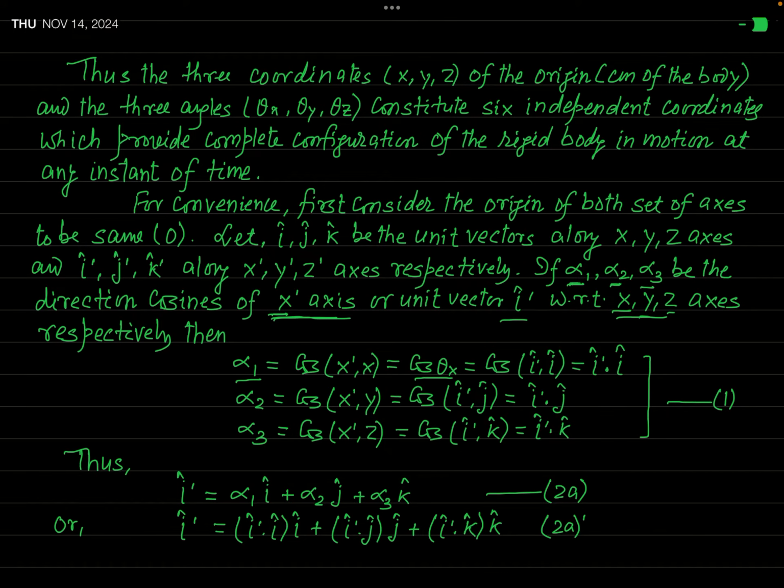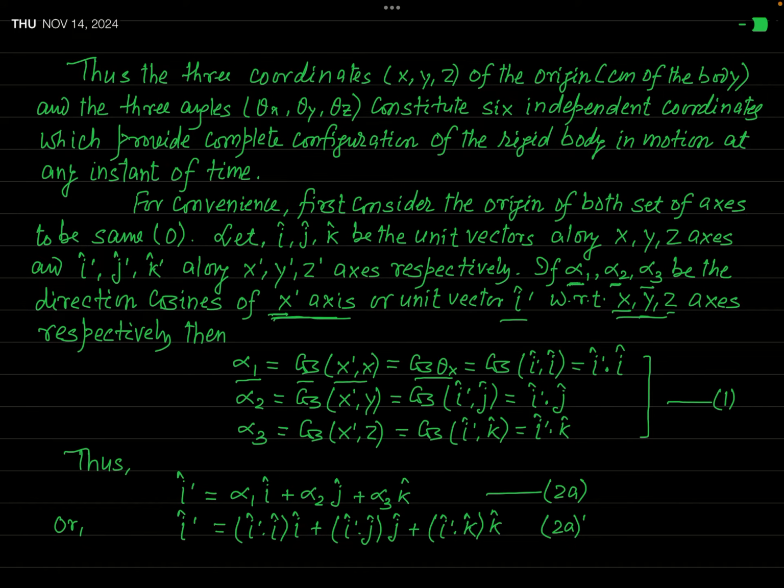This is called direction cosine. Okay, and this is needed for knowing the orientation of the axes of the body set of coordinate system. Okay, and this is also written in this manner. This is cosine of x prime comma x. When you write x prime comma x, that represents the angle between x prime and x.